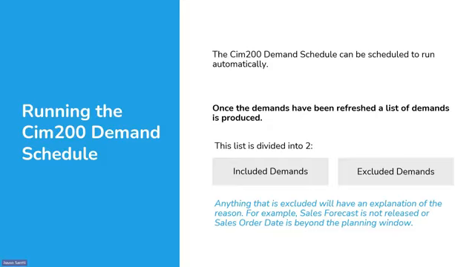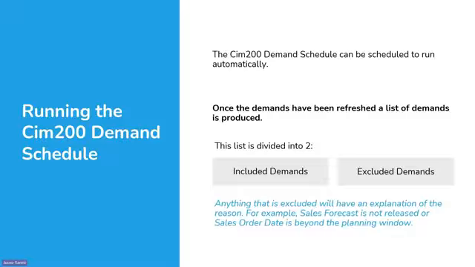When you are running the demand schedule, technical term, you can run that manually, as you have to do that in Sage 200, but you can also schedule the demand schedule run to run before you do the actual MRP run.